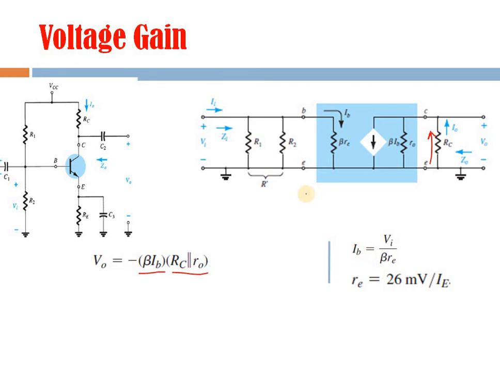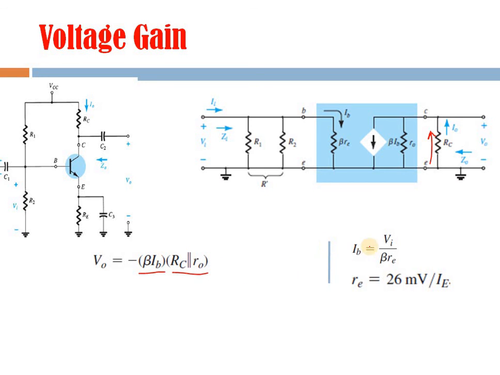So IB is the input voltage divided by the input resistance of this diode. This is beta RE, and RE is 26 millivolt divided by IE. From the basic equations of a diode, you can easily see it.